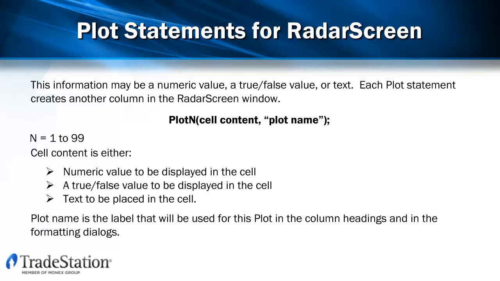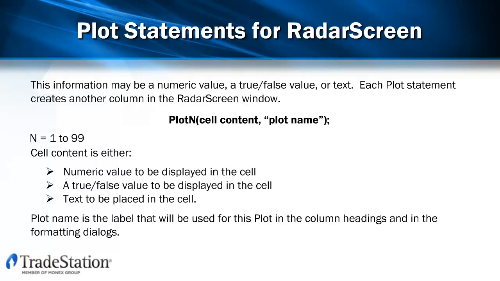So let's talk about radar screen. A radar screen is a real-time scanning tool that allows you to apply the same technical indicators that you would normally apply in a chart environment on one symbol. You can apply that same indicator to radar screen now on a multi-symbol environment, up to 1,000 symbols.